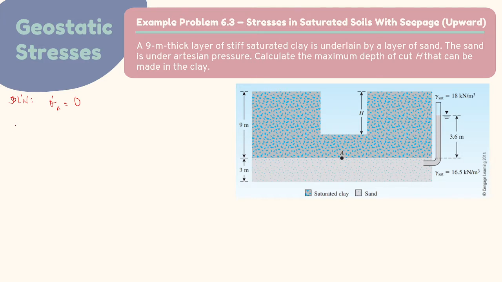Again, that is the maximum cut or maximum depth we can go for H before the soil will heave. So for the soil to heave, the effective stress at point A should be 0.